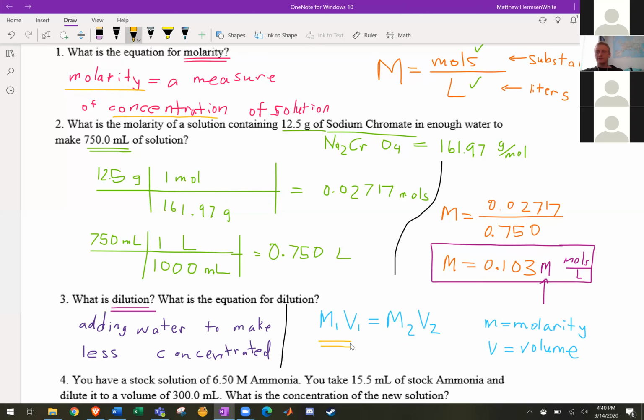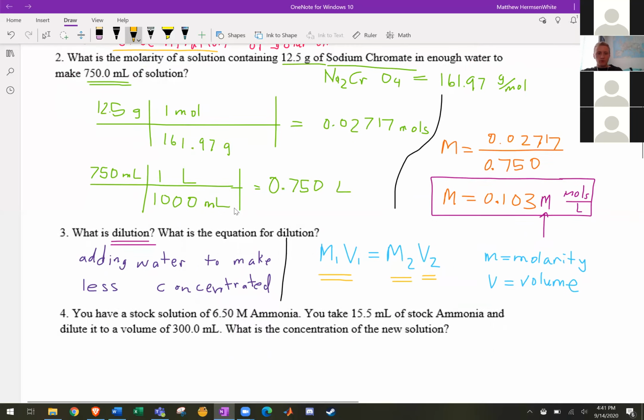You have a certain concentration of your Kool-Aid, a certain volume, and then you're going to add water to that Kool-Aid, and because you added water, the volume is going to increase, but your molarity is also going to change. Now we can find the relationship between the volumes and the molarities using this equation. Now the ones and the twos just mean that one is the initial, what you're starting with, and two is your final, what you're finishing with.